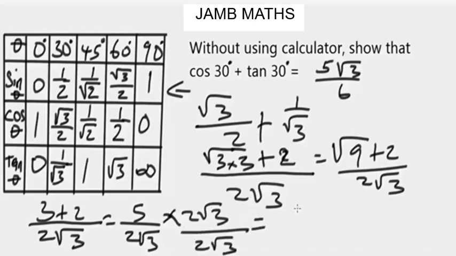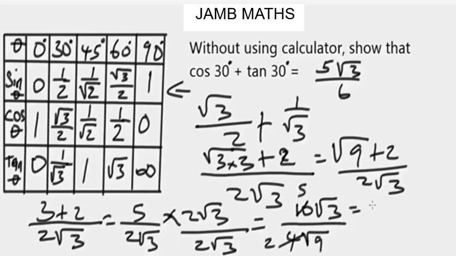We're going to have 10 root 3 over, now 2 root 3 times 2 root 3, we're going to have 4 root 3 times root 3, which gives root 9. Now when you divide, 2 cancels 10 to give us 5, and 2 into 4 gives us 2.